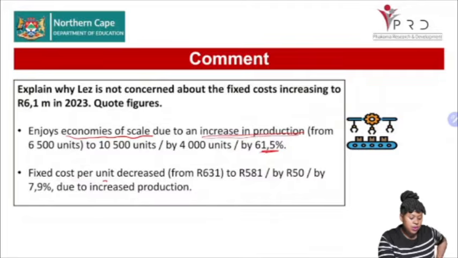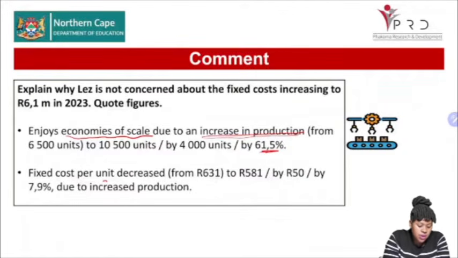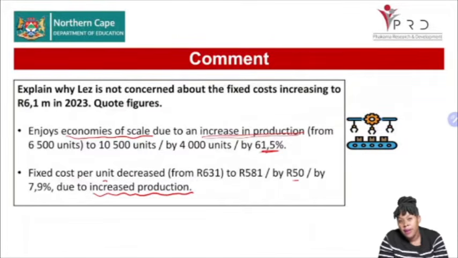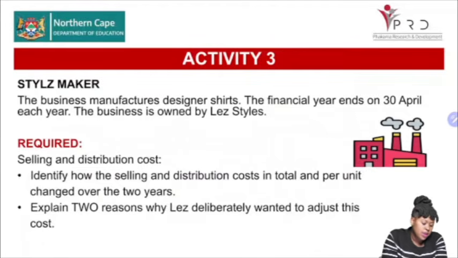So the fixed cost per unit decreased from 631 to 581, or you could say by 50 Rand, or you could have mentioned by 7.9% due to the increase in production. Because we are producing more, therefore, our fixed cost now is becoming less. Okay, so that is the approach generally with these particular questions.